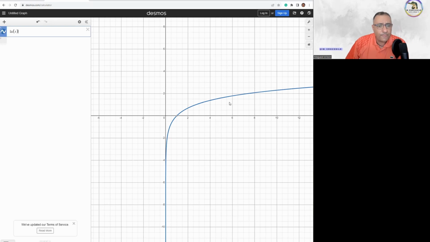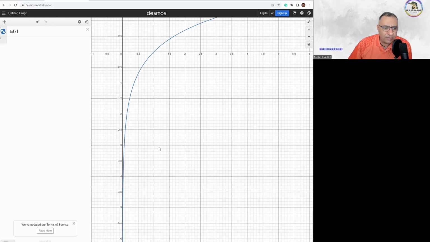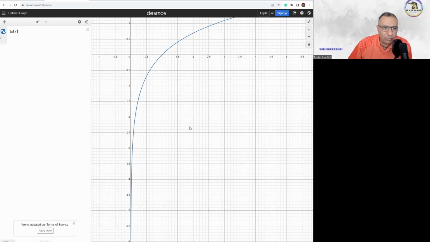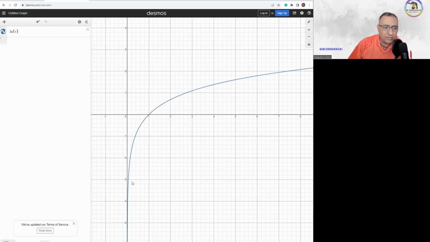If I zoom in, this graph does not touch the y-axis, which means 0 cannot be in the domain, while all the values of x lie on the positive side of the x-axis. Which means the domain of ln x is x bigger than 0. x cannot be 0, and x cannot be negative.